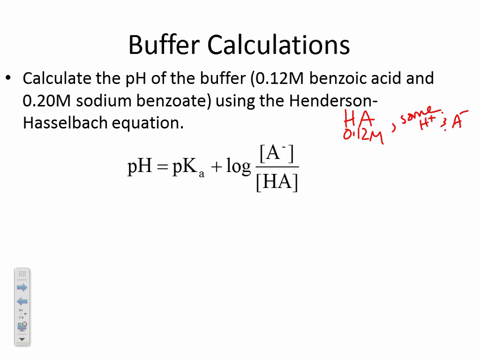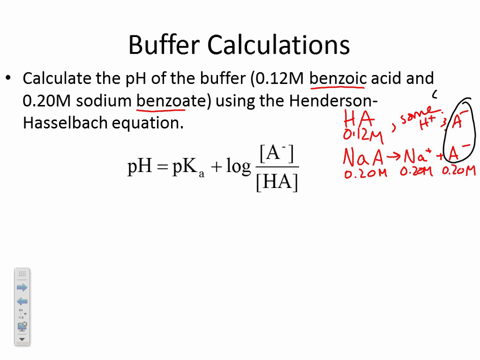Then we also have sodium benzoate, so that's NaA. I know it's also the A because benzoate is common to both. This is a group 1 ion, so it's going to completely dissociate into Na plus and A minus. I've got 0.20 molar of this, so I'm going to have 0.20 molar of each of those. And boom, common ion.